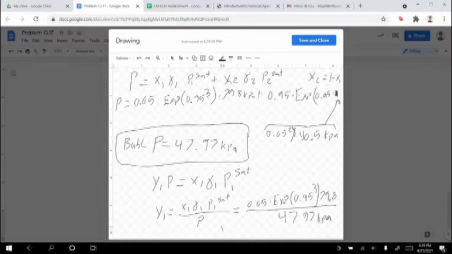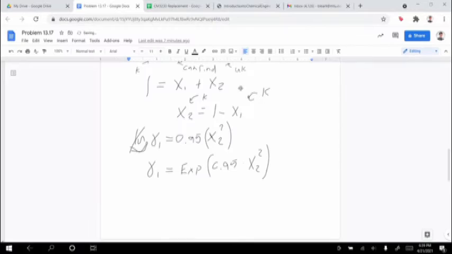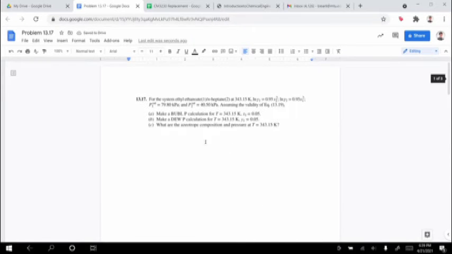And this is equal to 0.196. And it is unitless because our kilopascals here will cancel out with these right here, and it's a fraction as well. So that is part A of this problem.